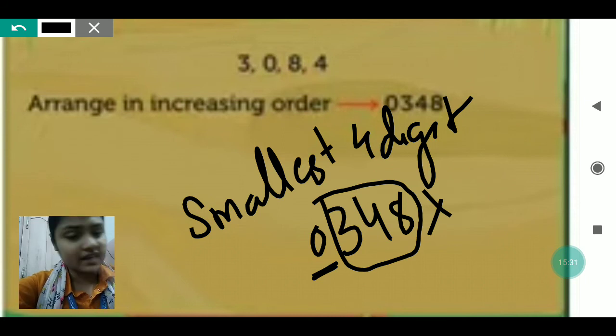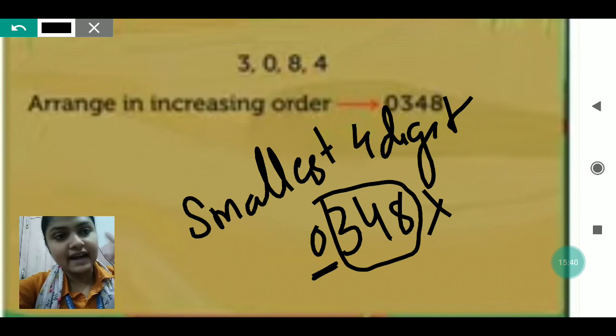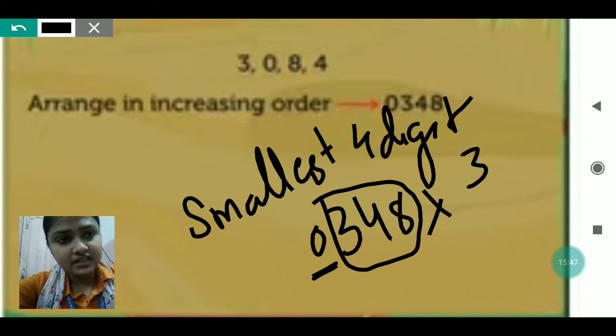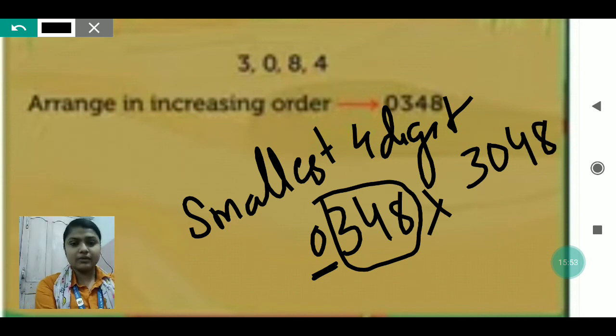What you will do in that case, if 0 is also given in the number, after 0, whatever the smallest number you are getting, you write that number first. Like here we are seeing that 3 is the smallest after 0, so after writing 3 we will write 0. Then we can write 4 and 8, and now it is a 4-digit smallest number, 3048. Now it is the smallest 4-digit number which can be formed by using 3084.